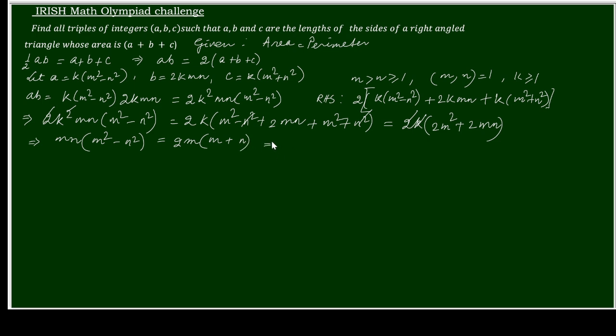This implies that M is again cancelled, and I am factorizing the left hand side, M into N, M minus N. We are cancelling M because M is a positive quantity.